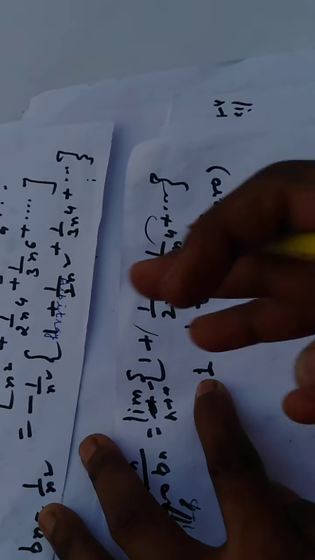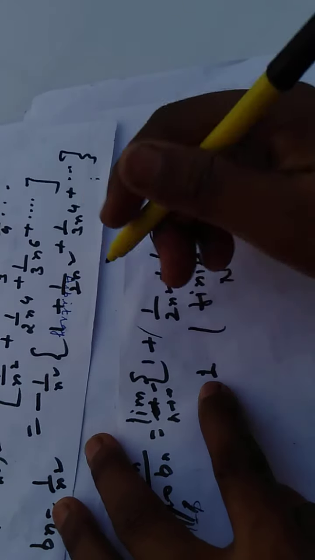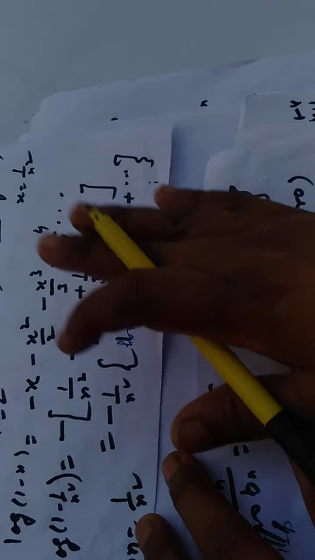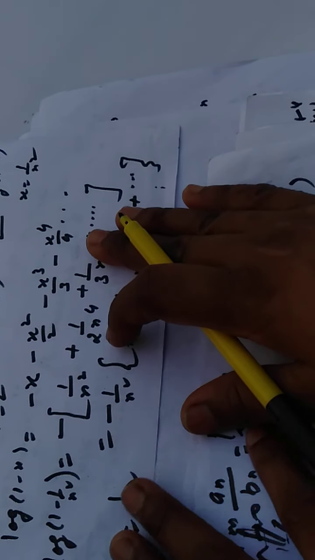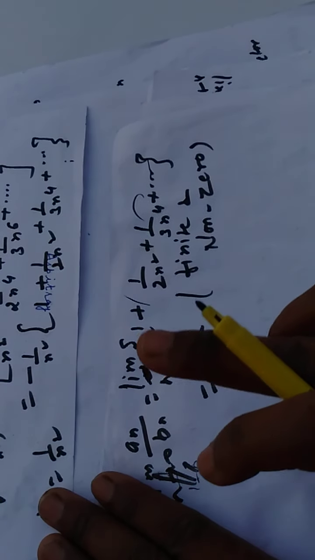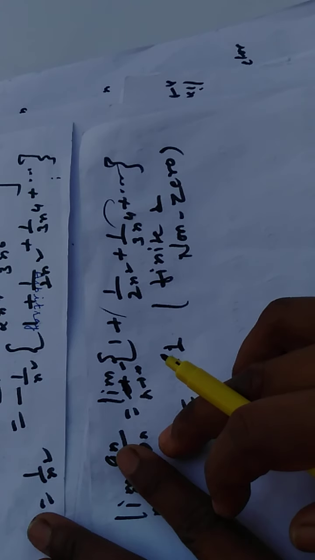I have taken the minus 1 common from all the terms, so every term is positive and the test is applicable here. So by comparison test fifth form, summation an and summation bn converge or diverge together.